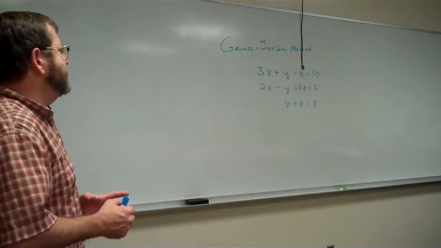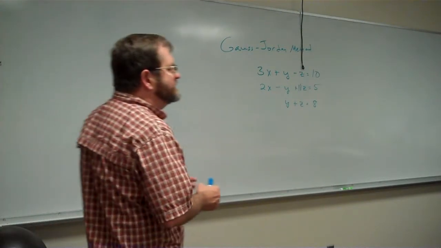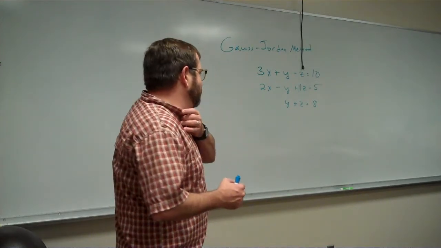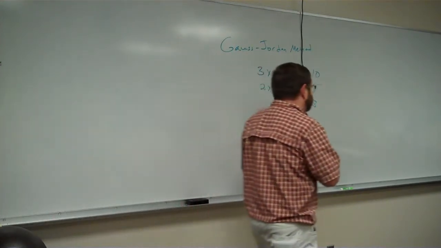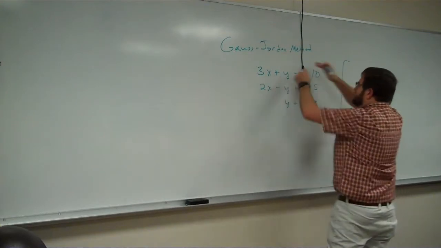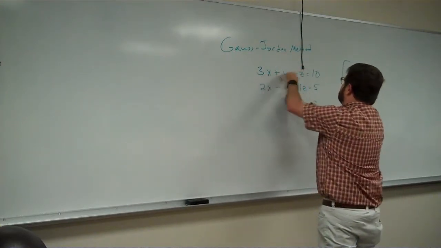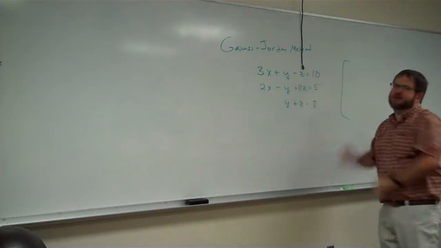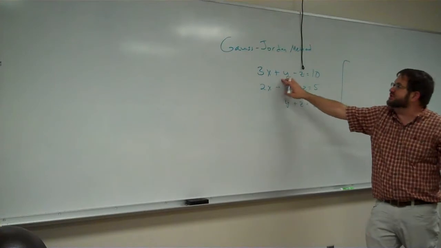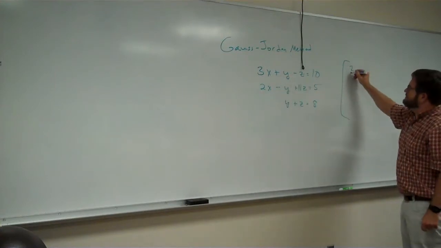Gauss-Jordan is the method where we're going to start making this a little more like a game. Well, we're going to be using matrices. Once you have it in this nifty format, something x plus something y plus something z equals something, we're going to take the coefficients in front of each of these variables and make a matrix of them.